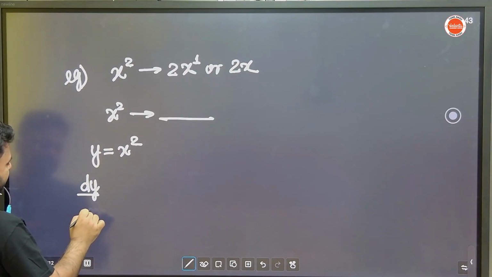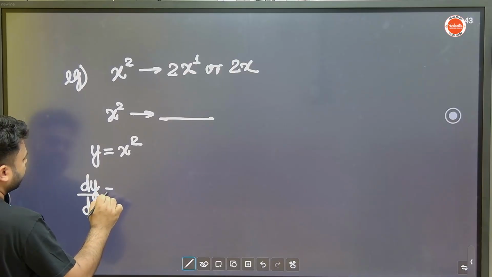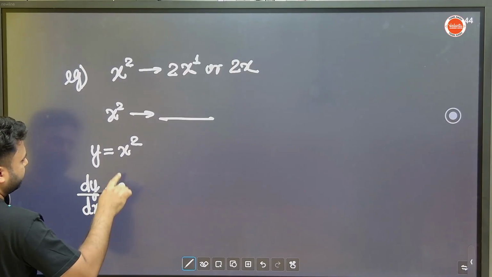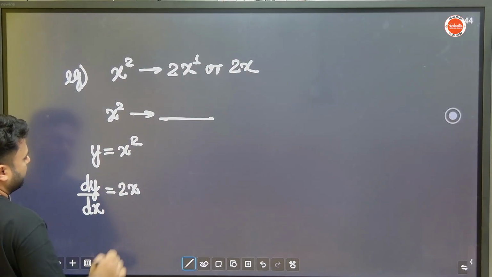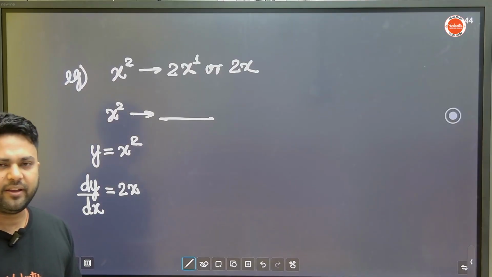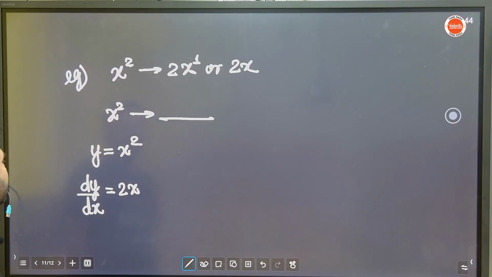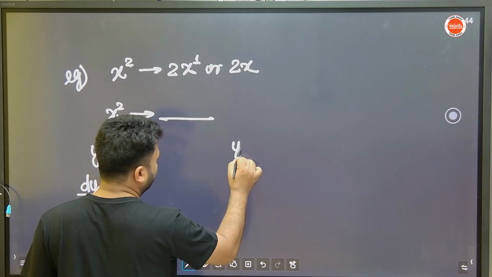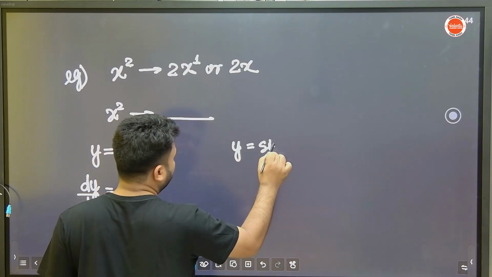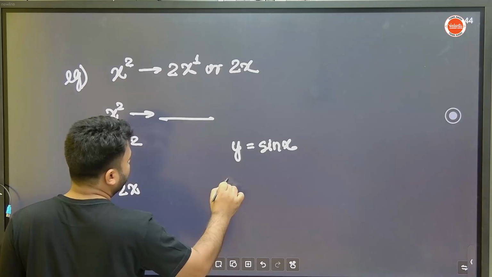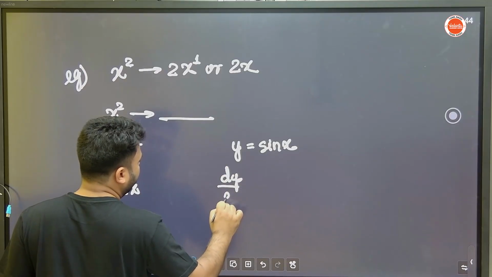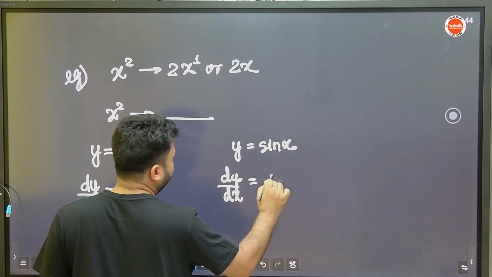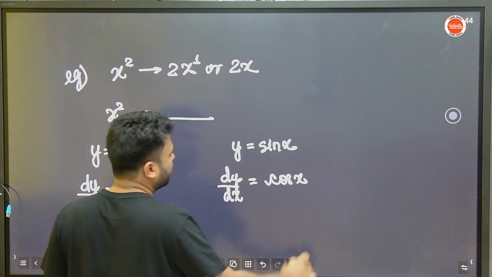Here the variable is x, so dy by dx. You will write power, then variable, power minus 1, dy by dx equals 2x. Like they will give y equals sin x. What will be dy by dx? So you write cos x.